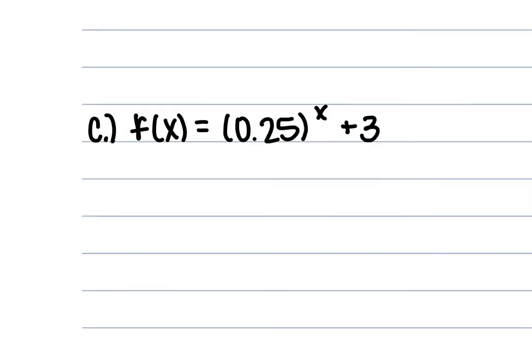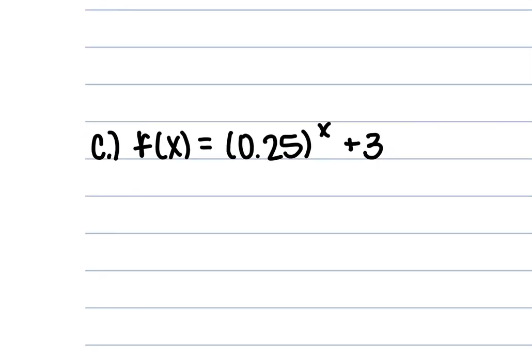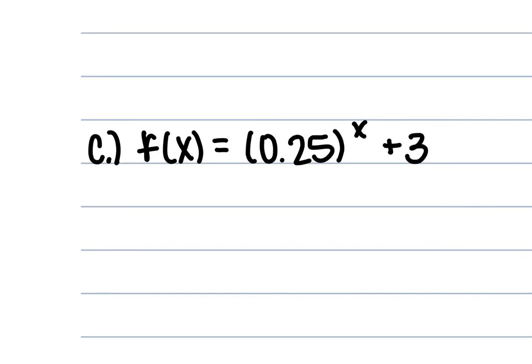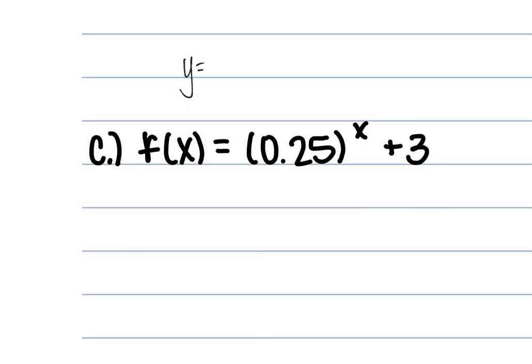Okay. Now, even though this one's a decimal, it's probably the easiest one. First things first, what is my parent function? Pedro. Good, to the power of x, okay? This is my parent. What transformation or transformations is going on in f of x? Grace?